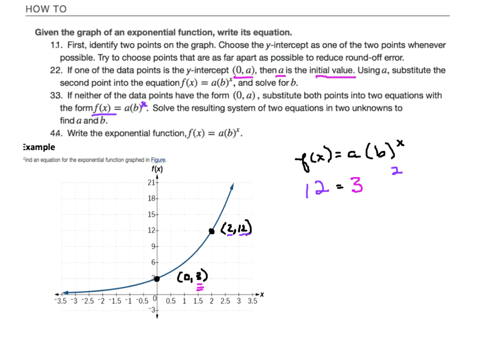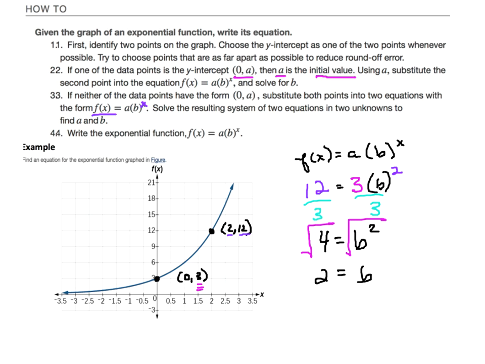And I'm going to solve for my b value. So I'm going to first divide both sides by 3 to isolate the exponential expression. And I get 4 is equal to b squared. Take the square root of both sides. B is equal to 2.